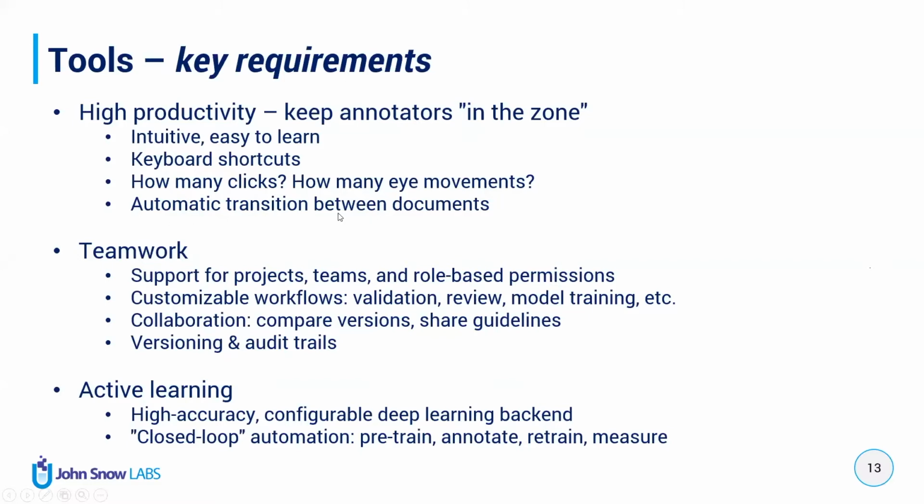Another important element is for the tool to allow the automatic transition between documents, locking the documents which are already in process by another user so that we avoid working on the same document twice.